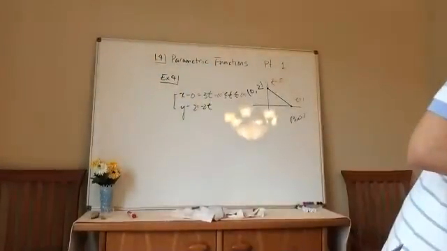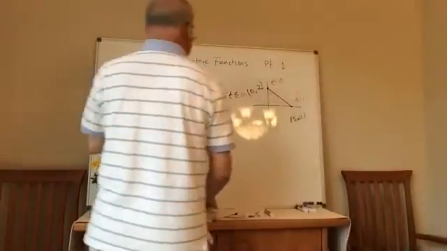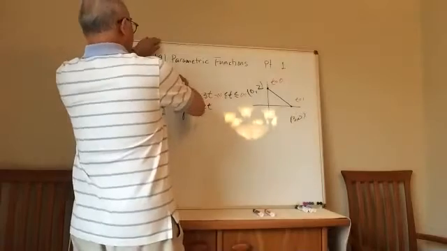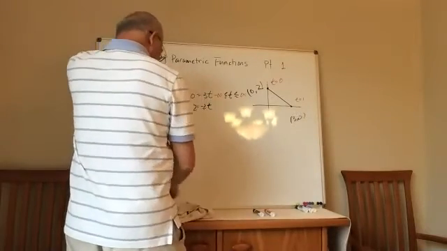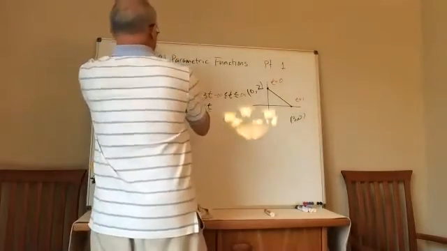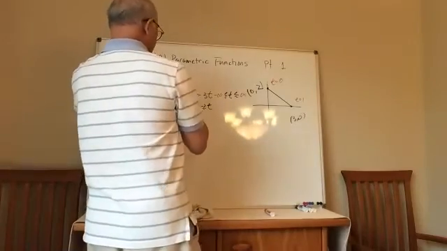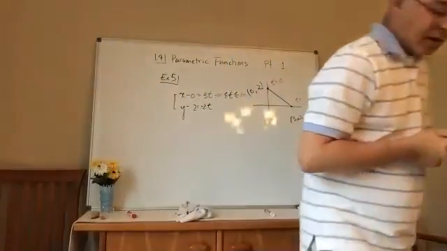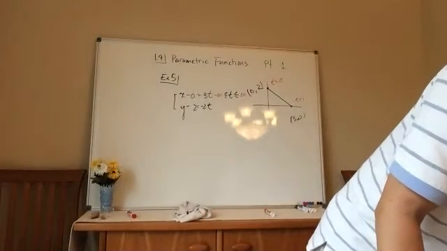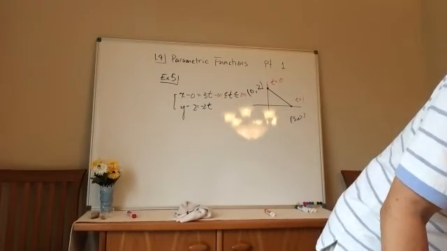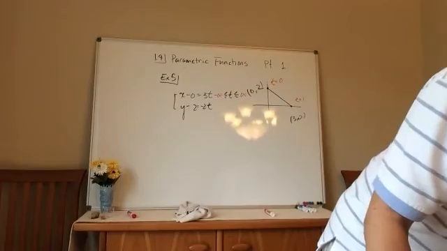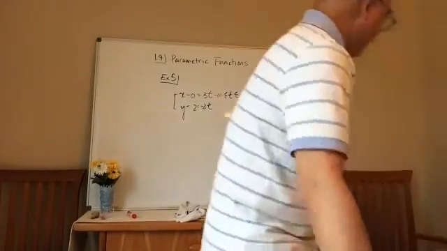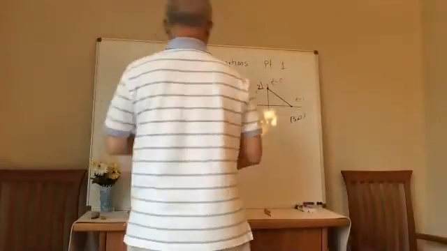So let's move on to example number 5. Example number 5 is actually the same thing we just did, but we're going to go in reverse order this time. It tells you find a parametrization for the line segment with endpoints negative 2, 1, and 3, 5.